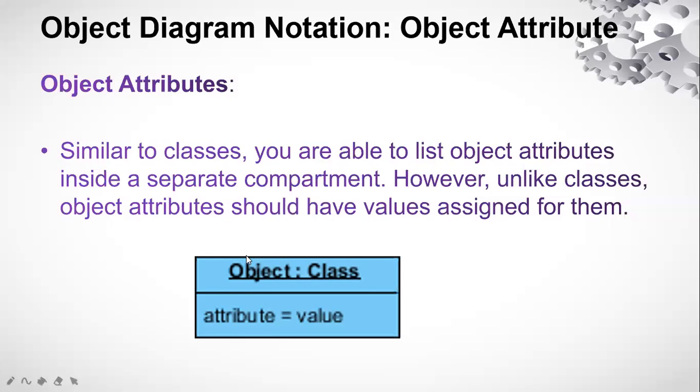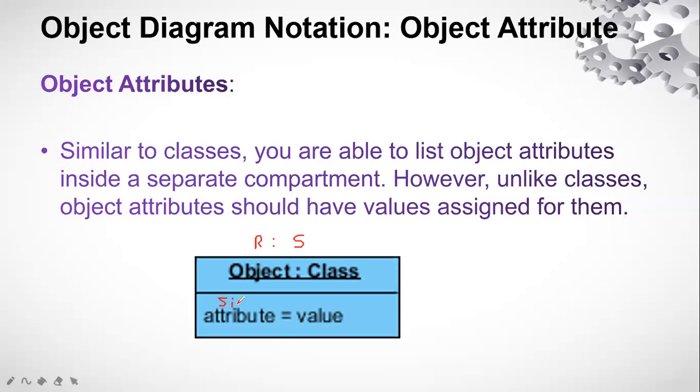So this is forming the object attribute, in which we have given Rohan colon student as the object name and class name, and we have the attribute, let it be student ID.